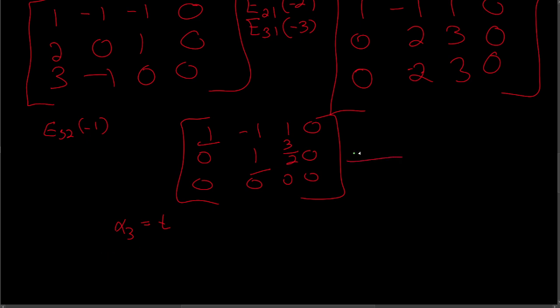That means x2 is equal to negative 3 halves t. And when I come up to this line, x1 is equal to negative 3 halves t minus t, which is x1 equal to negative 5 halves t.